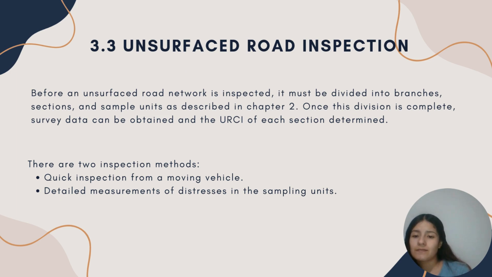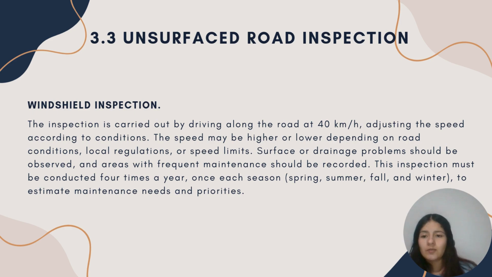Windshield inspection. The inspection is carried out by driving along the road at 40 km per hour, adjusting the speed according to the conditions. The speed may be higher or lower depending on the road conditions, local regulations, or speed limits.